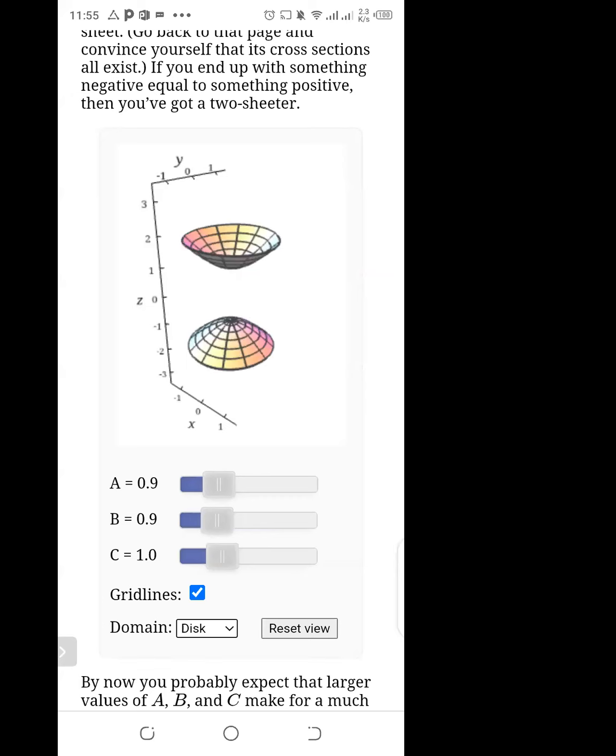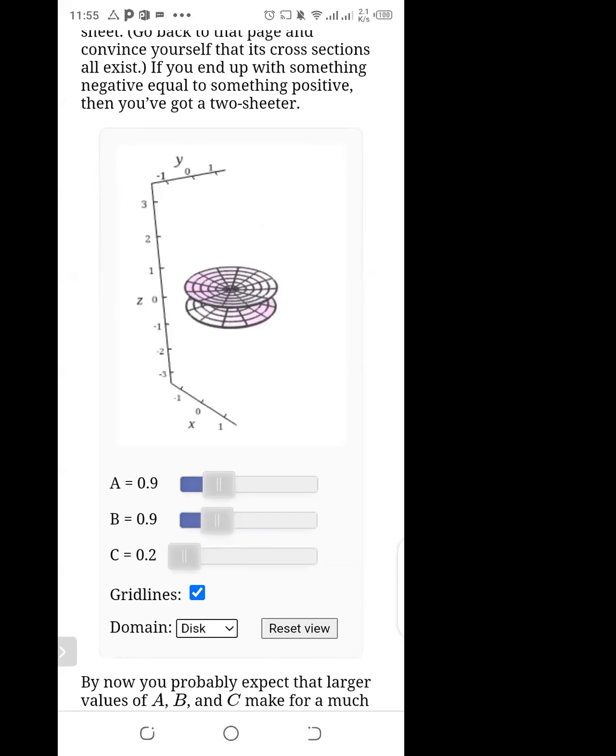I check the effect of C, first reducing it. This is how it looks. So it flattens when you reduce the C, and then increasing it.